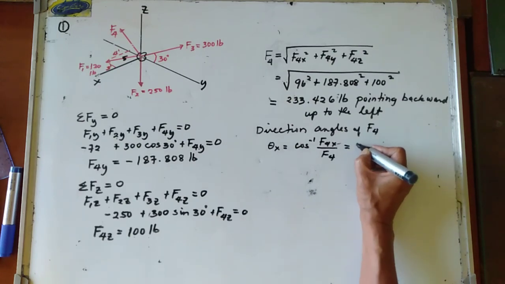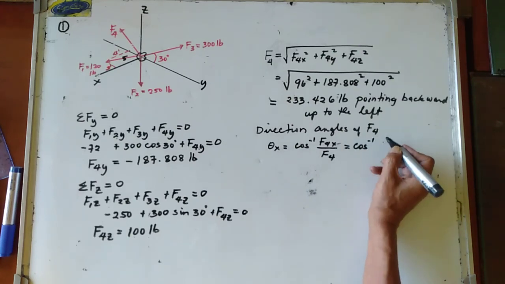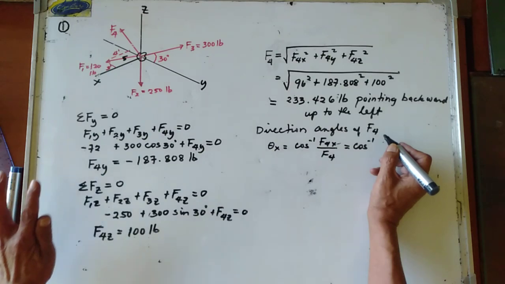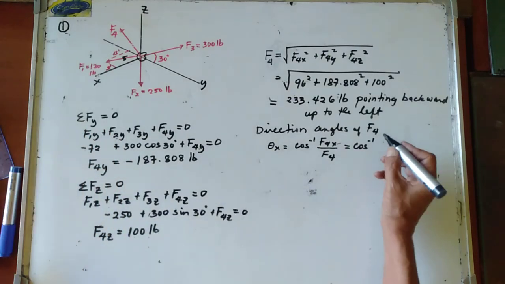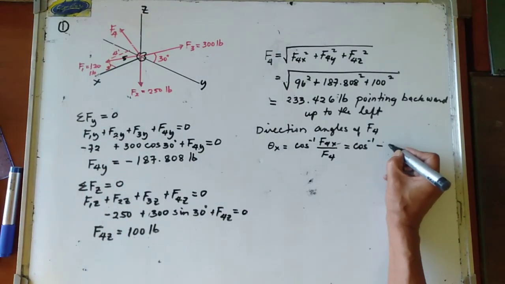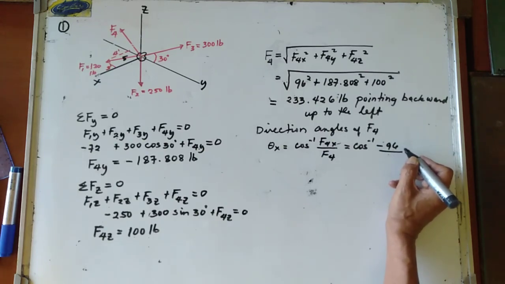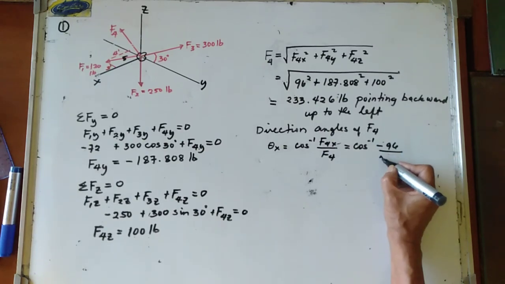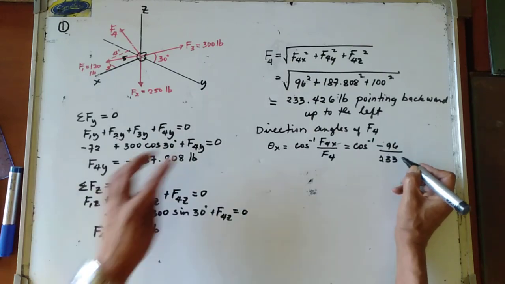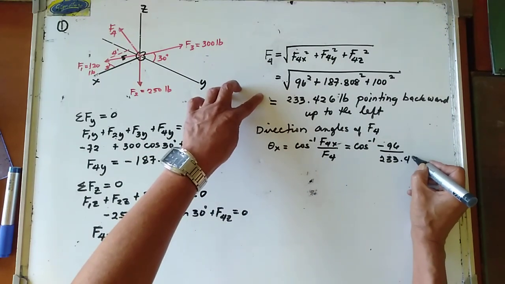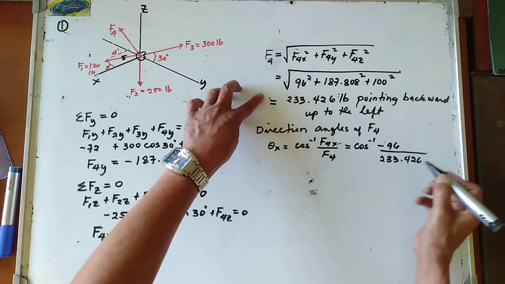F4x is negative 96, all over F4, which is 233.426 pounds.